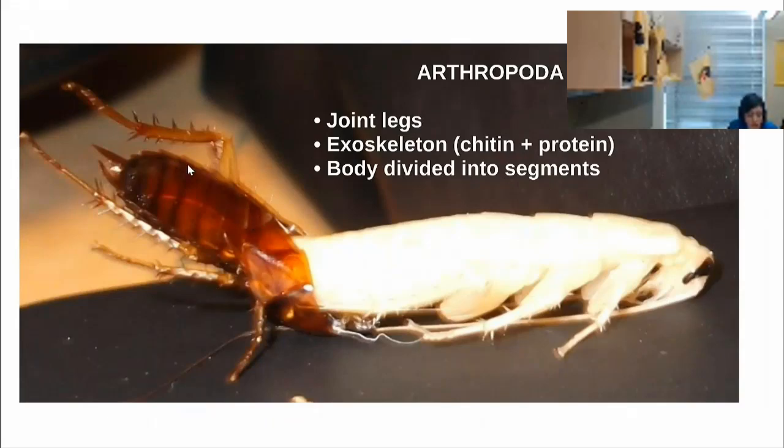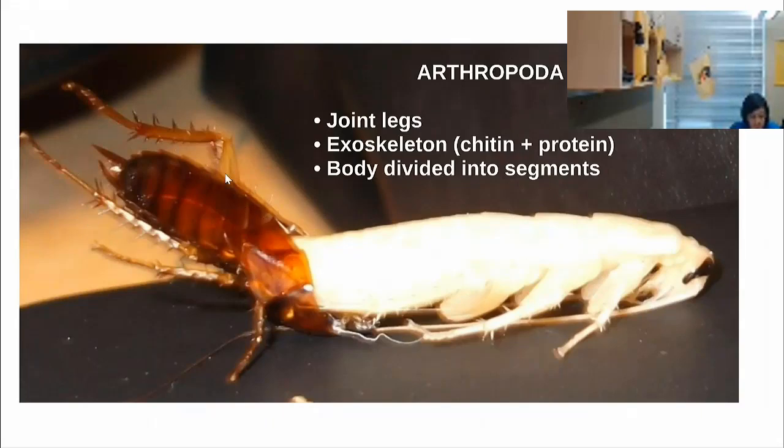This is the old exoskeleton. It came out from the oldest exoskeleton. It's still white, and throughout the hours, the other layers of the exoskeleton will be formed, including the one that gives the color, the pigmentation.